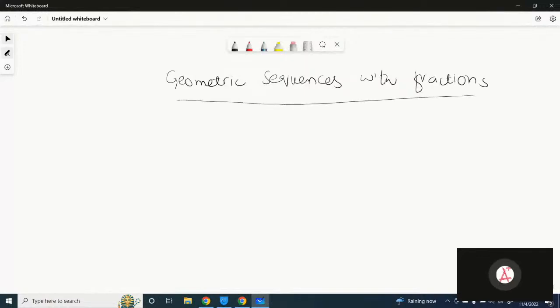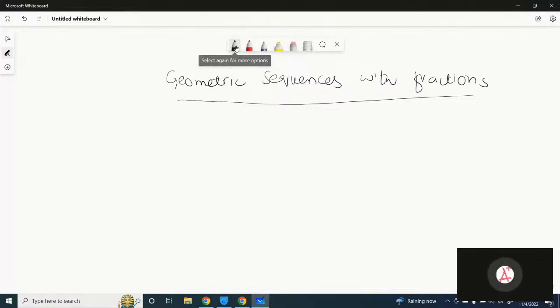Okay, and so first of all, we are going to learn what the geometric sequence is, like the one we did earlier. Wait, let me use another example.